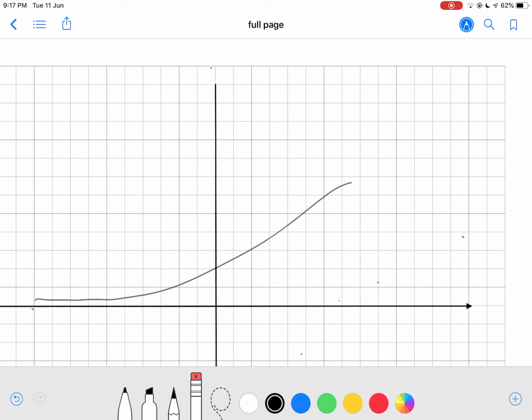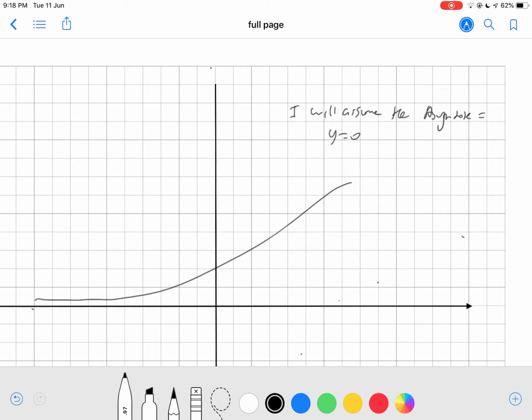Alright, so for our exponential, as you can see, the asymptote seems to be going down to 0. The asymptote is traveling towards 0, so I will assume the asymptote is y equals 0.